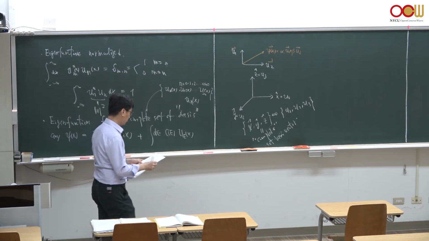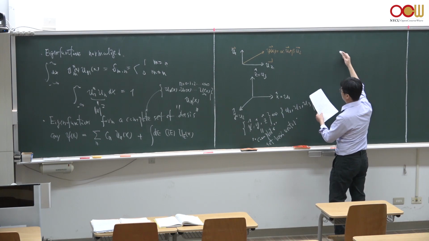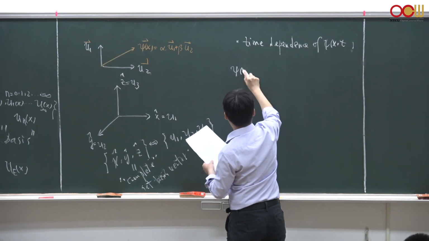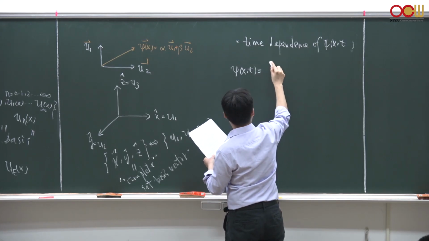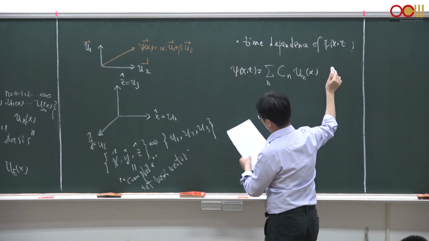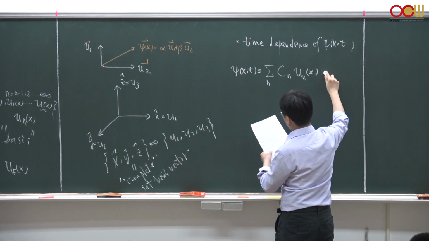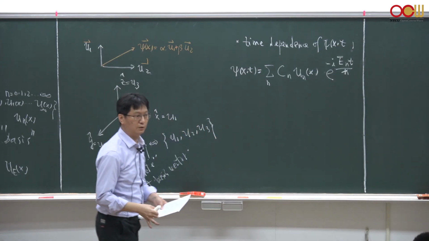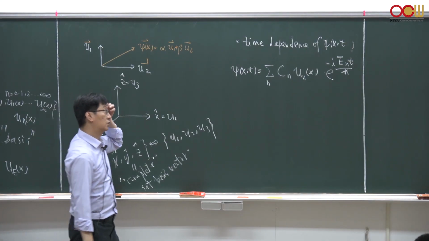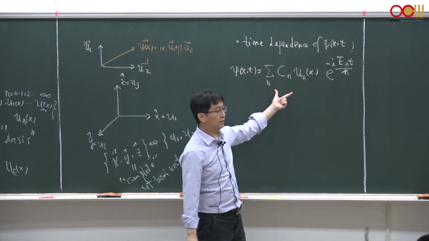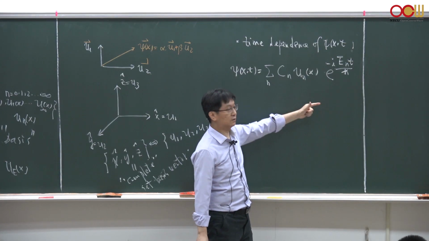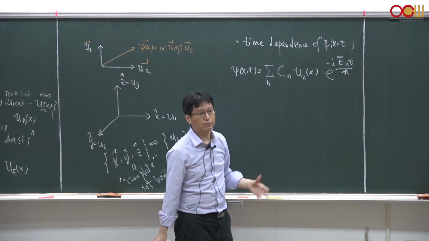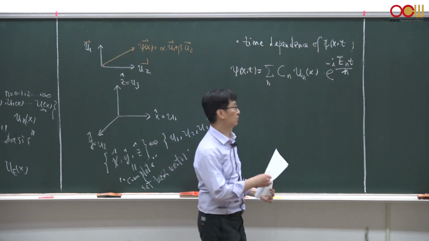Great. So let's look at the time dependence of this psi. Using this expansion theory, we could write down a Fourier decomposition, or eigenbasis expansion, of any arbitrary wave function in space and time. You can consider this as a linear combination of all eigenstates, but including the time evolution, each eigenstate will evolve in time at a different rate, right?